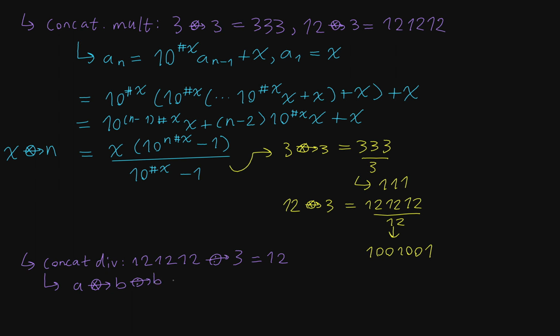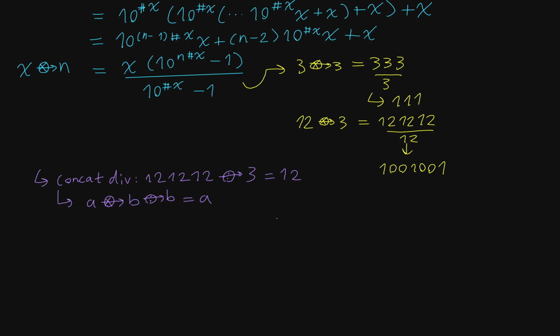This should just be equal to A, and then you can basically invert and solve for A, and then you'll get your formula, which, I should write this in blue, in this case, it is x concat divided and times, this is going to be, you'll see that you just basically have to flip these 10 to the some powers minus 1.